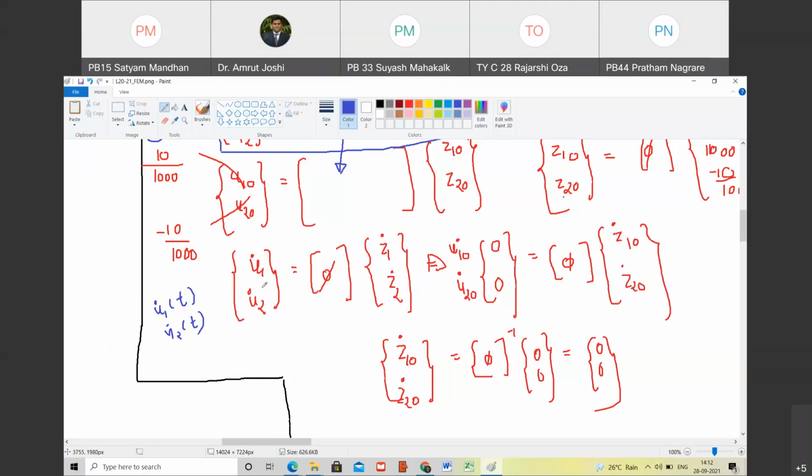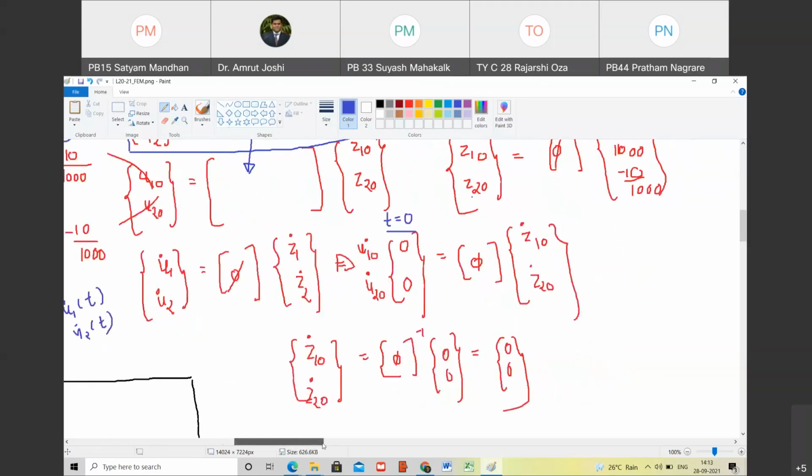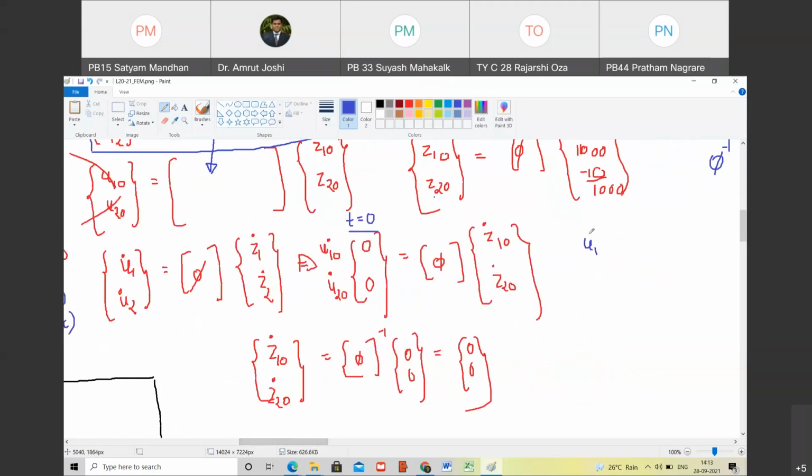Now, if I consider time t equal to 0, what is the value of u1 dot at time t equal to 0? That is u1 dot of 0. Do you agree with me? Yes, sir. Then the value of u2 dot at time t equal to 0 is u2 dot of 0, and it is related to z1 dot of 0 and z2 dot of 0.